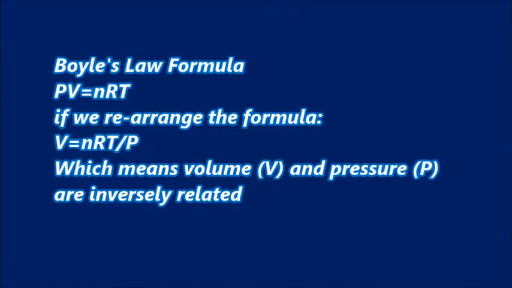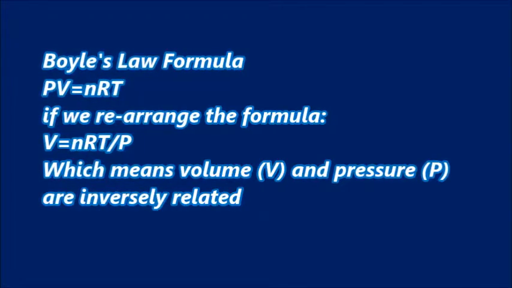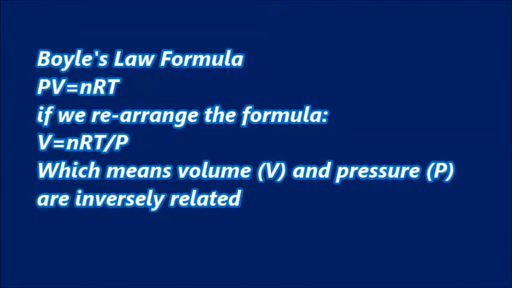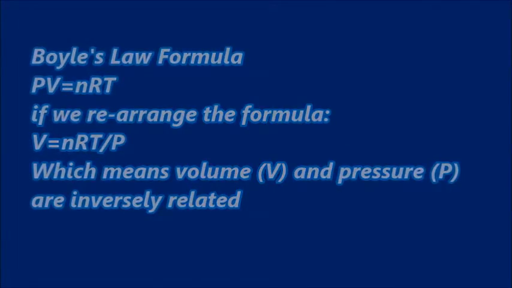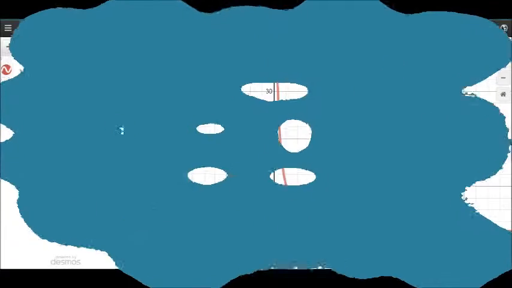If we arrange the formula, V is equal to nRT divided by P, which means volume V is inversely related to P, which is pressure. As you can see in the graph, this formula is most suitable for Boyle's theory because the lines are inversely proportional to each other.